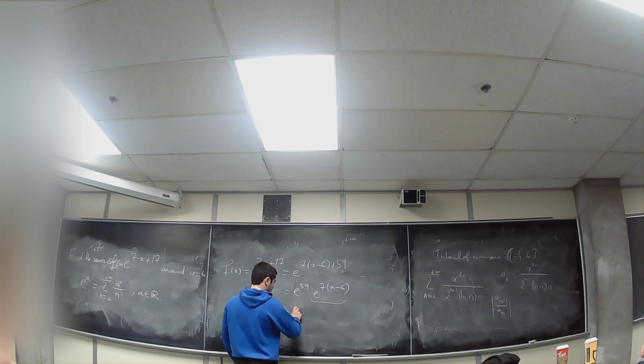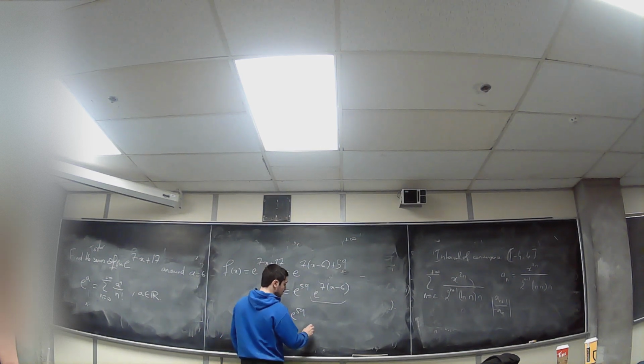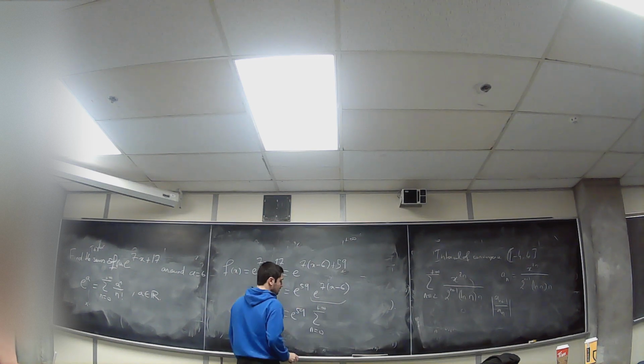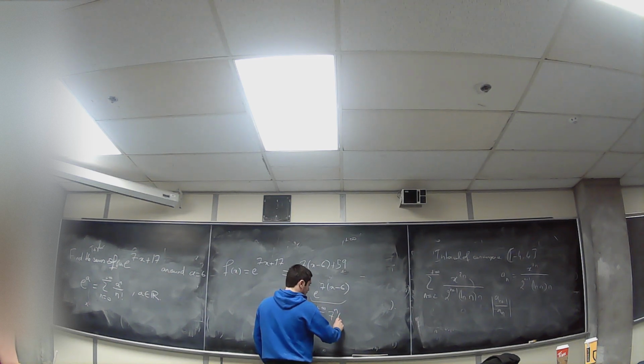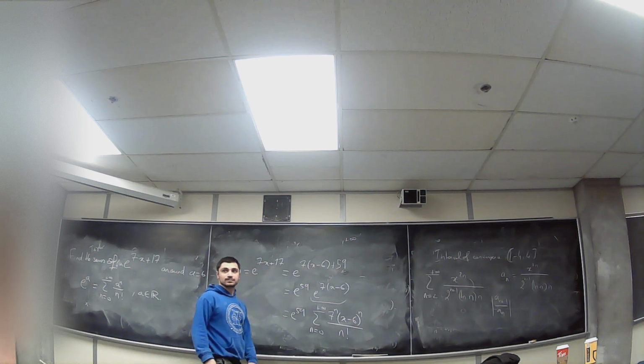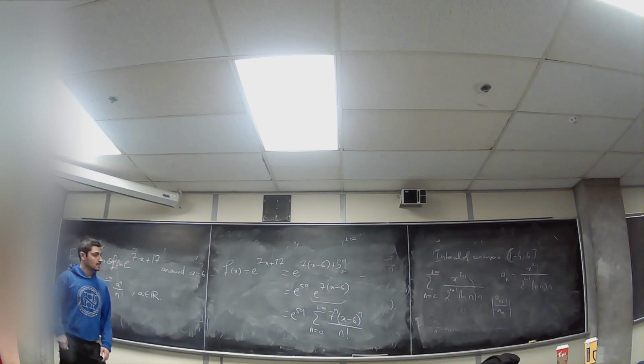Yeah, because it will give me something around x minus 6. e to the 7 times x minus 6, what is that equal to? This is the sum n equal to 0 to plus infinity, 7 to the n, x minus 6 to the n, over what? n factorial. Are we good here?